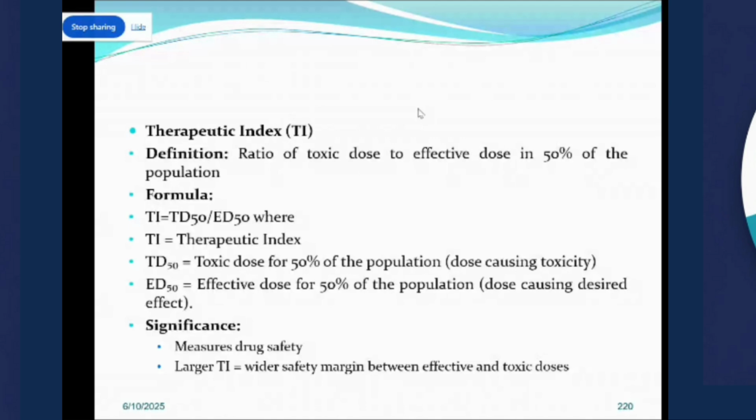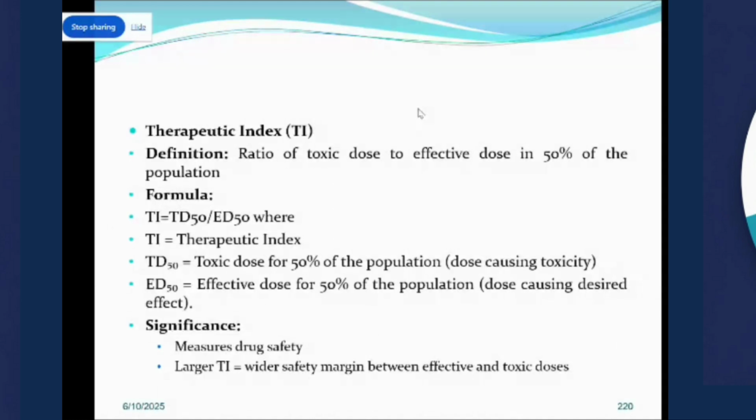Therapeutic index, TI, definition: ratio of toxic dose to effective dose in 50% of the population. The formula: therapeutic index equals TD50, the median toxic dose, divided by ED50, the median effective dose. TD50 is the dose causing toxicity in 50% of the population.